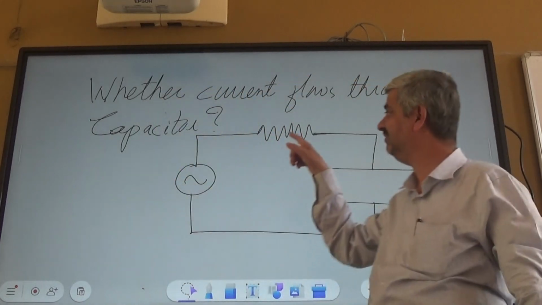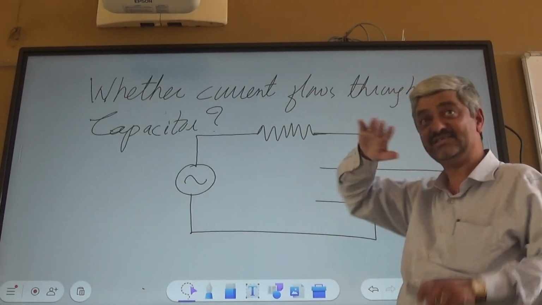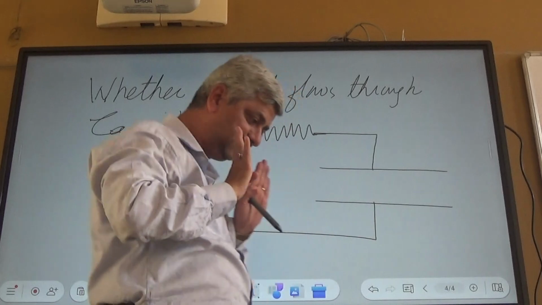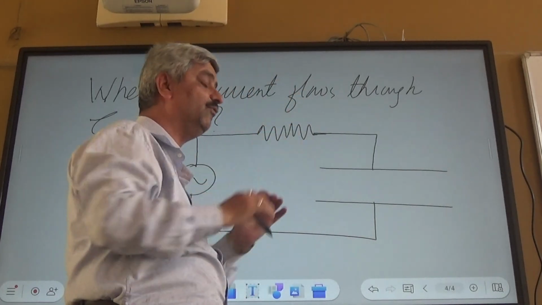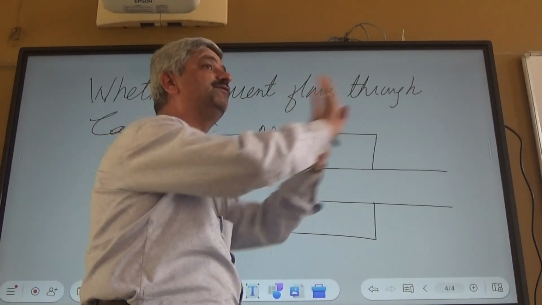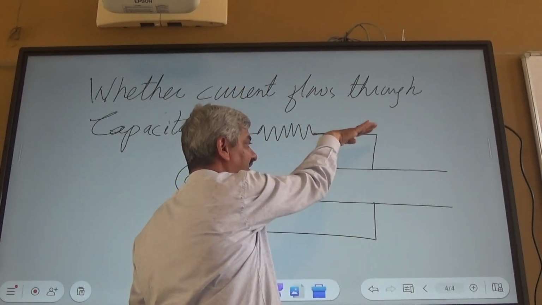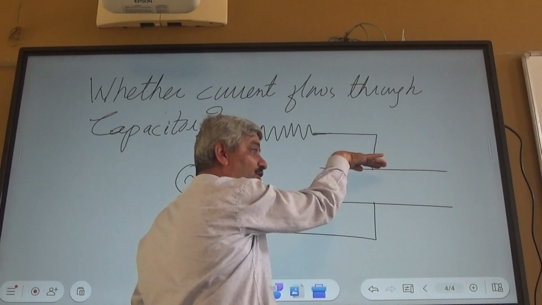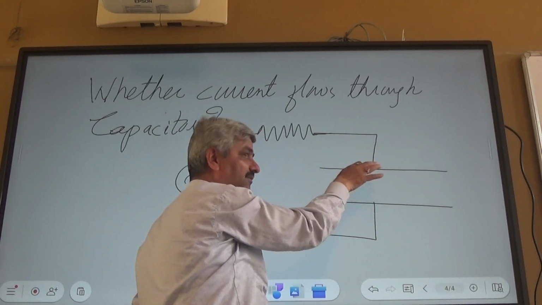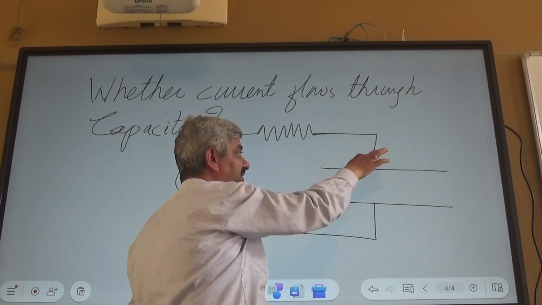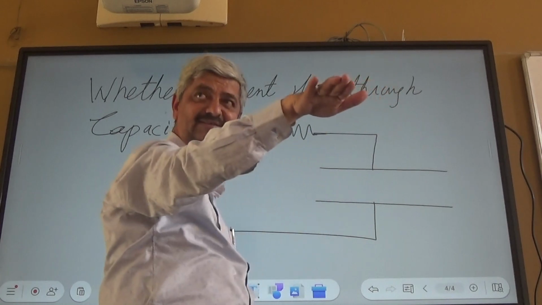Since it is continuously, when it is positive, when it is negative, it is drifting electrons away. So electrons are drifted away and they get accumulated here. From here there is no further drift.